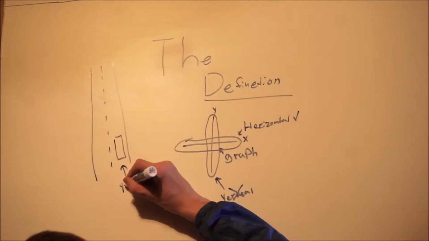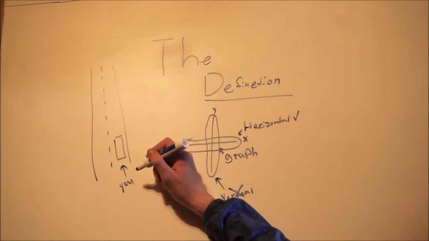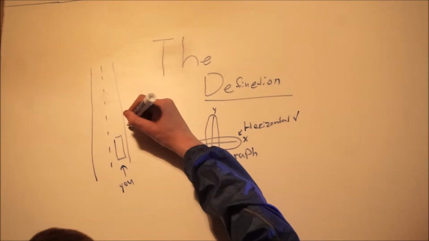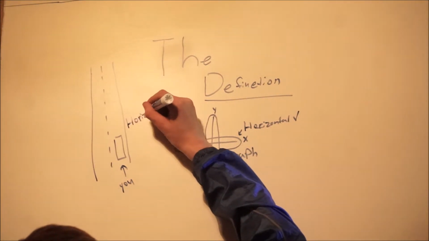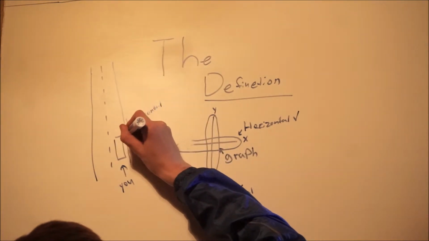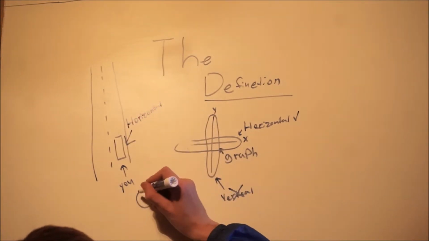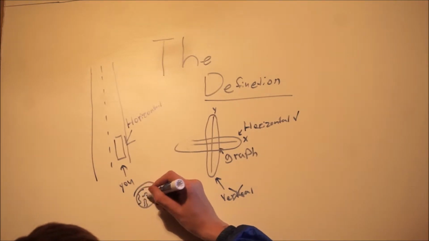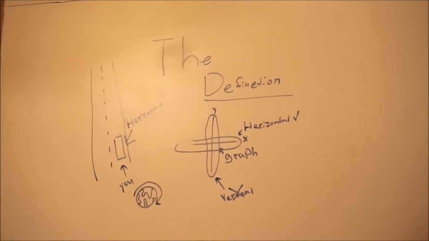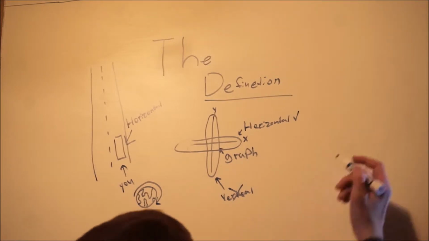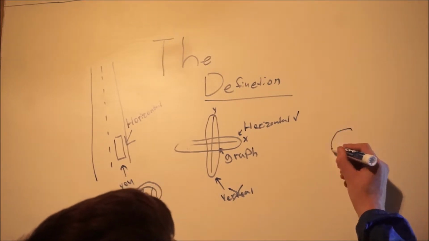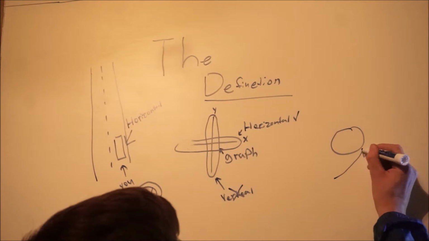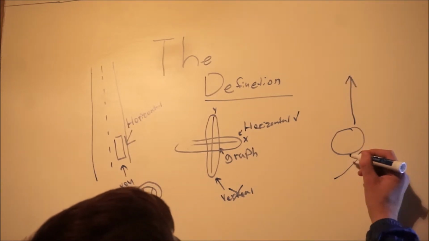Let's say you're driving on a road in a car. You're going horizontally on the earth, well, around the earth. Another example is you're playing soccer, and then you kick a ball.